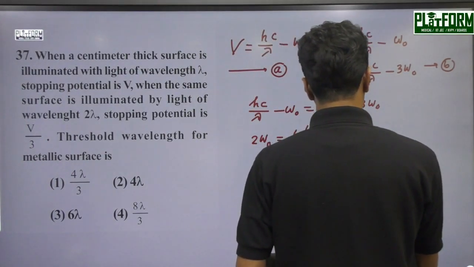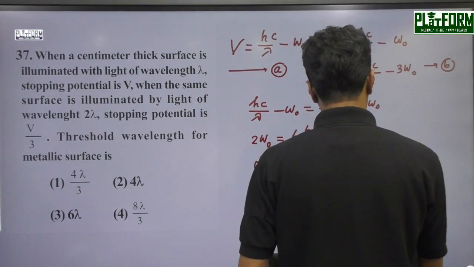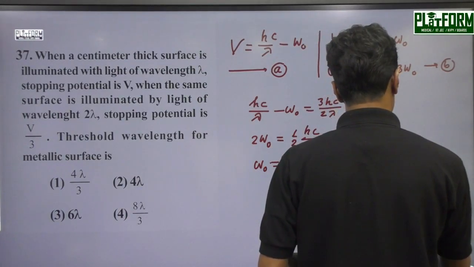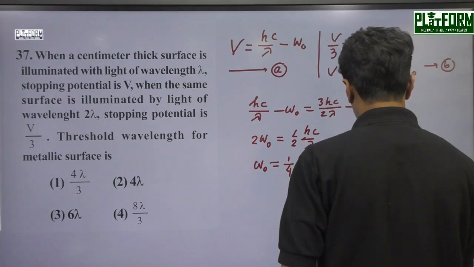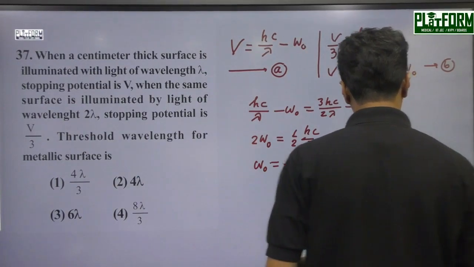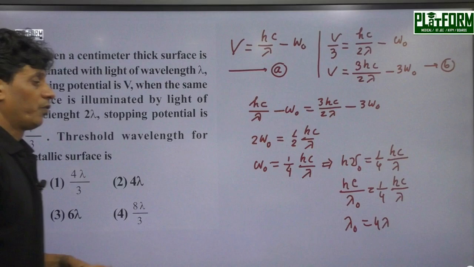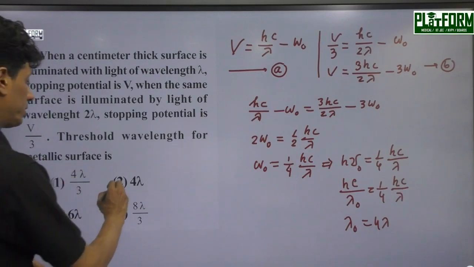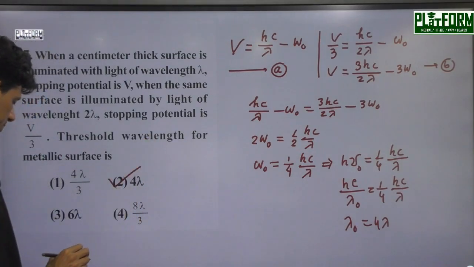So hc by lambda naught equals 1 by 4 hc by lambda, and lambda naught, that is the maximum wavelength, is 4 lambda. Threshold wavelength for the metallic surface: the correct option is 2. Next problem.